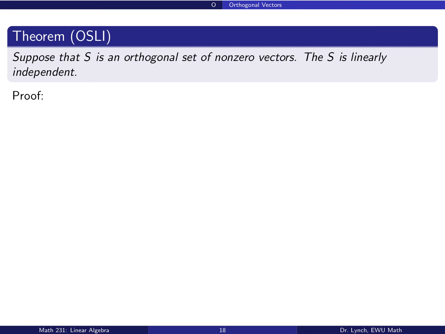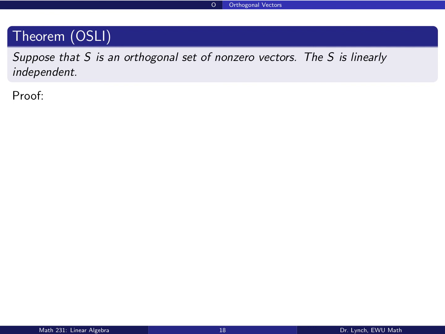Okay, a really cool and important feature of an orthogonal set is that it's automatically linearly independent. Here's how we see that. Let's think about an orthogonal set of vectors.